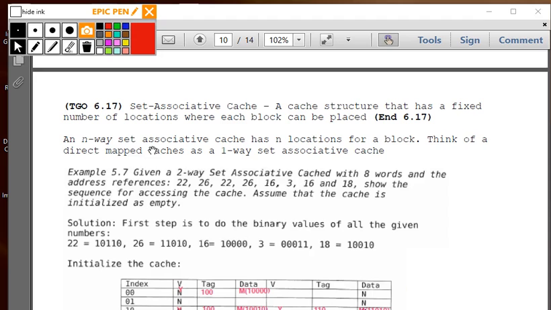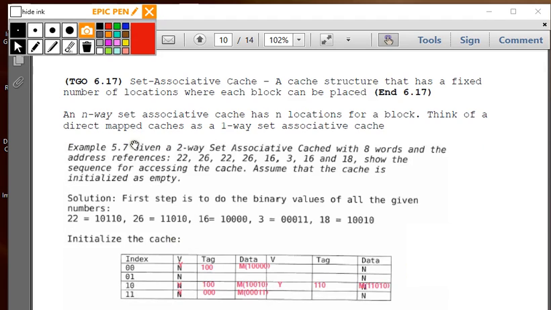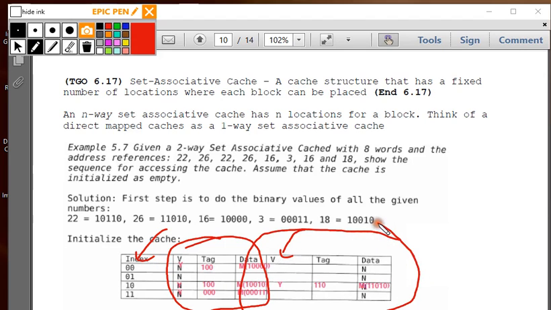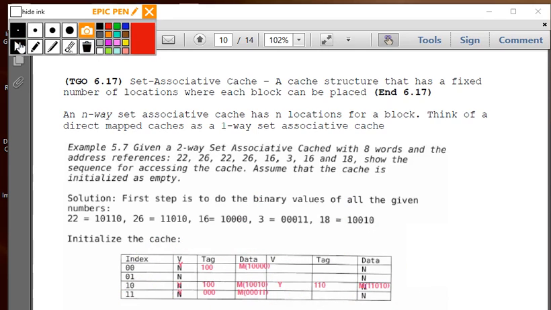Before, I had one block, but as you can see here, we actually have multiple blocks where I have an index and multiple tags, right? So what this means is instead of one cache, I'm using 2. This is known as a two-way set associative cache.